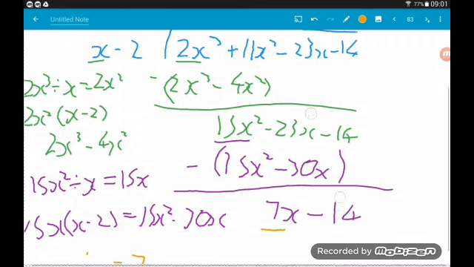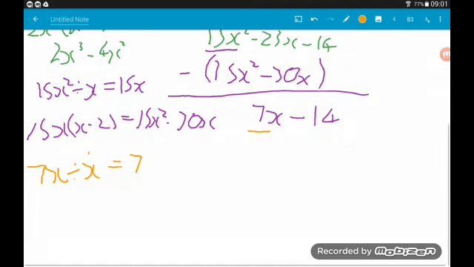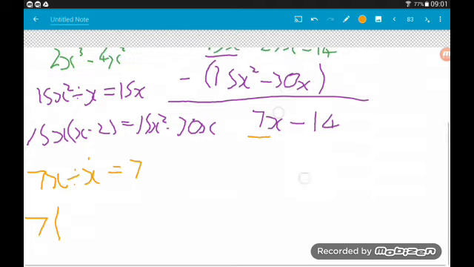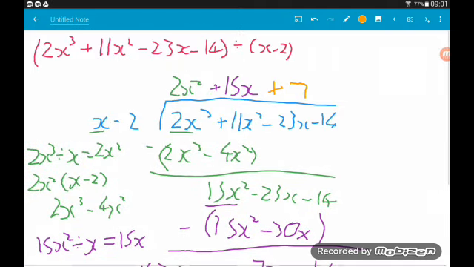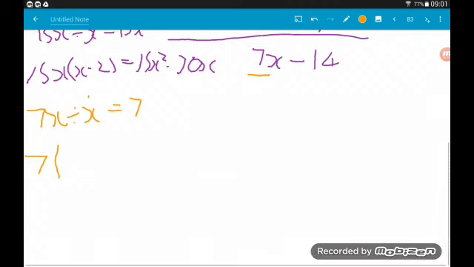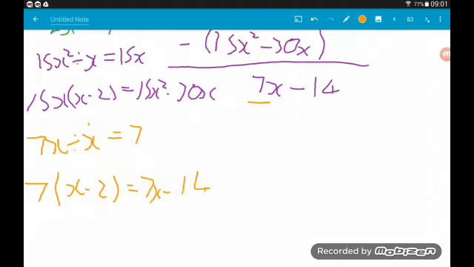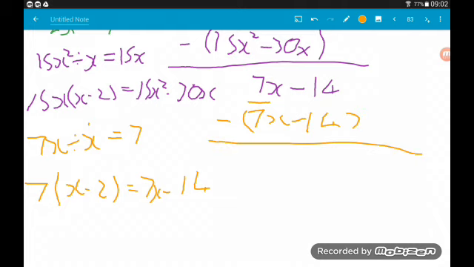Now that we've got this 7 up on top, the last thing we need to do is 7 times our divisor, which is x minus 2. So 7 lots of x minus 2 is 7x minus 14. If we write that underneath the purple, we are then subtracting that from the purple. They're exactly the same expression, so we get 0.